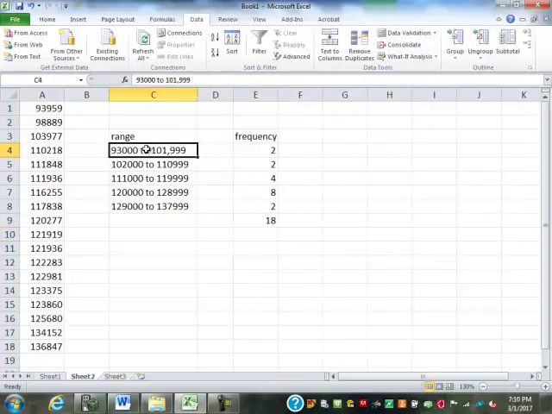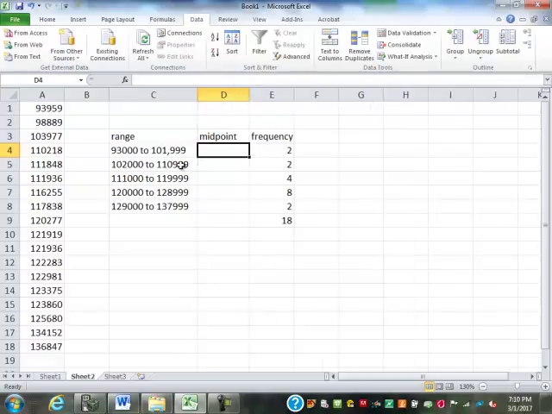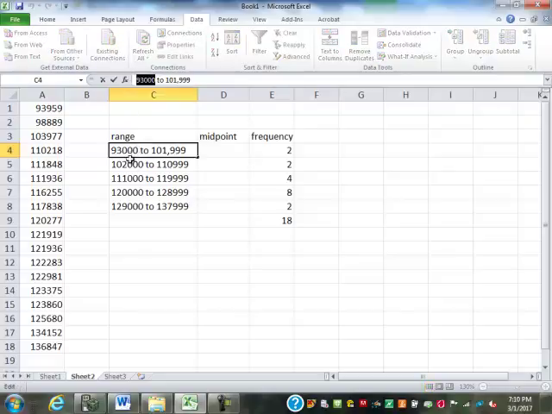Now, to work with these ranges, I can't really do much with them. So what I have to do is find the midpoint for the range. The easiest way to find the midpoint of the range is to take the difference between the beginning of this range, that's the 93,000, and the beginning of this range, the 102,000, and find the middle point.